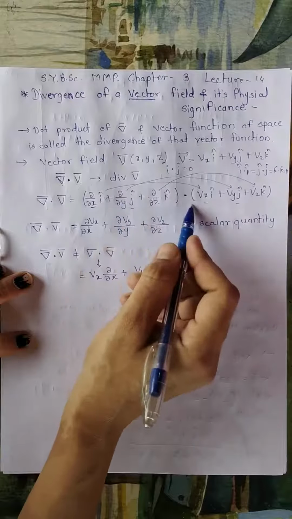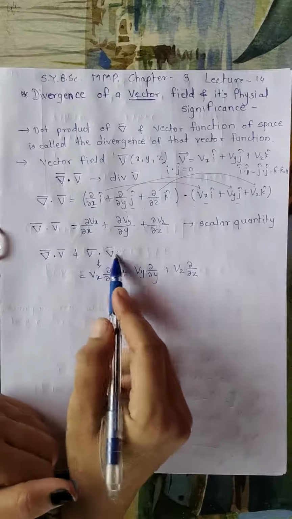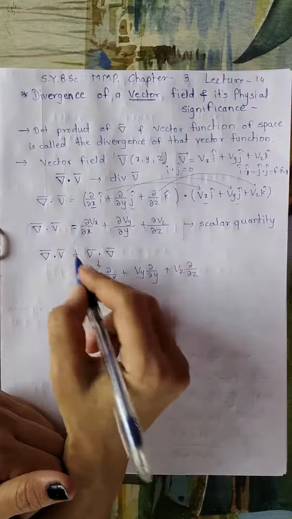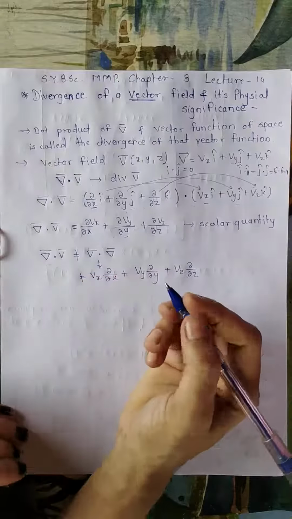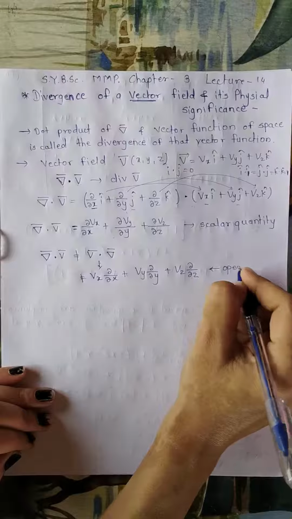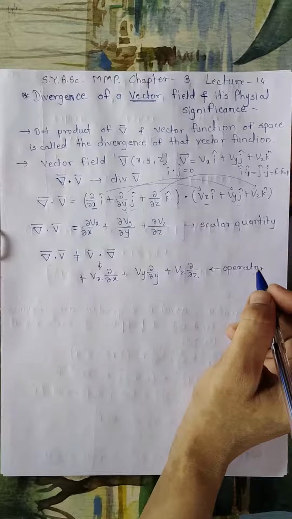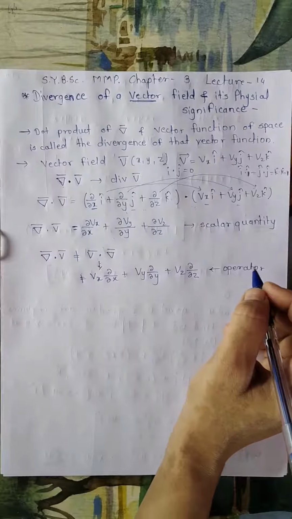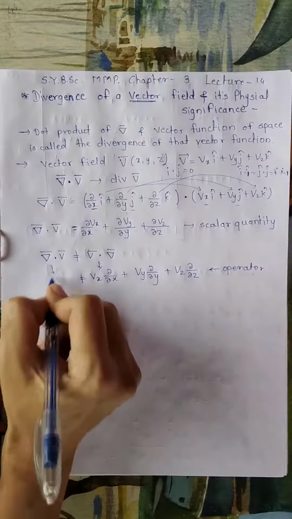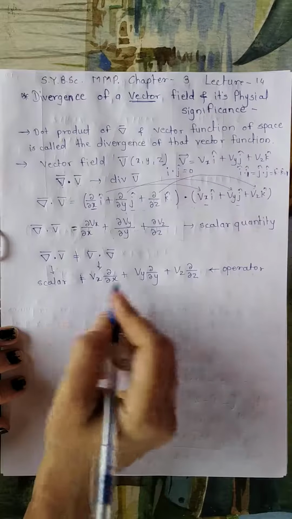If you substitute the values of v bar and then del bar, you will get v bar dot del bar as this, and del bar dot v bar as that. So both are not equal. This is all about the divergence of a vector field. The operation del dot v bar gives a scalar field.